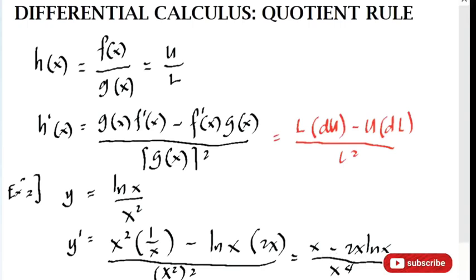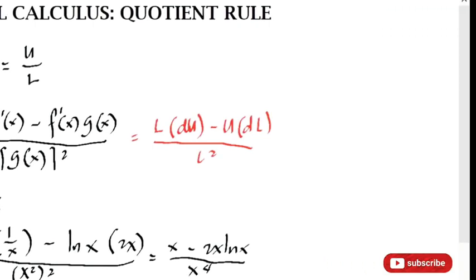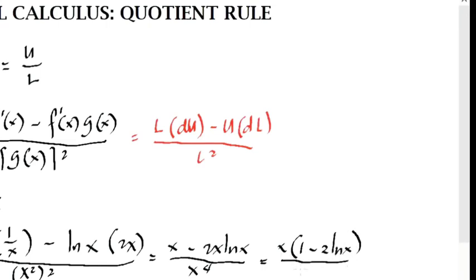Kung i-simplify natin yan, labas natin yung x. So, x times 1 minus 2 ln of x over x to the fourth. So, yung isang x magka-cancel, magiging 1 minus 2 ln of x over x cubed.